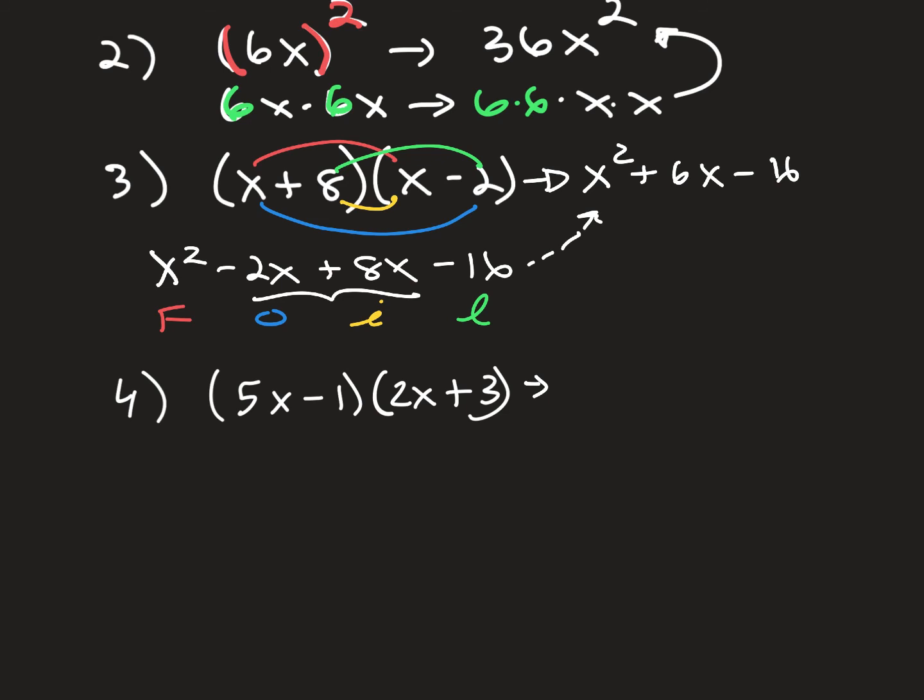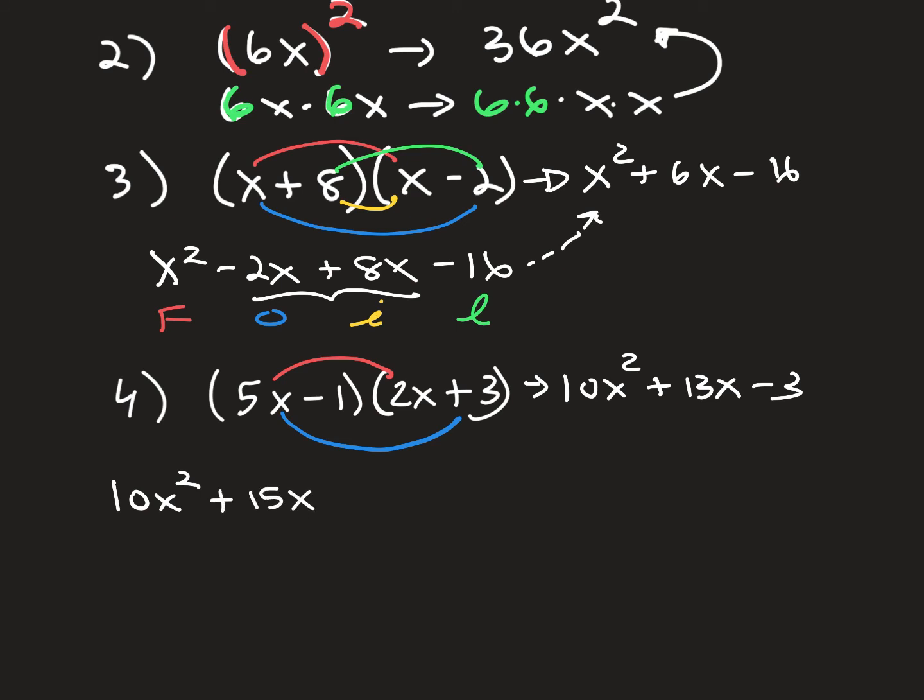On the next one, did you get 10x squared plus 13x minus 3? Let's check why that is. When we multiply the first ones, don't you get 5x times 2x is 10x squared. When you multiply the outside ones, 5x times a positive 3 is positive 15x.